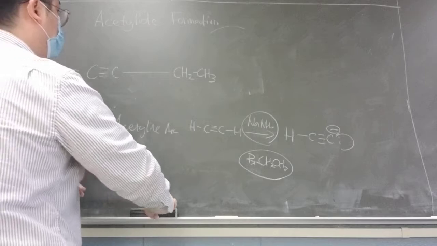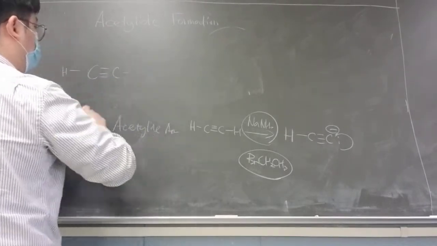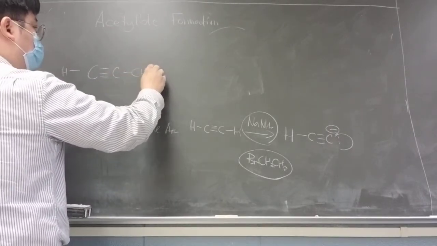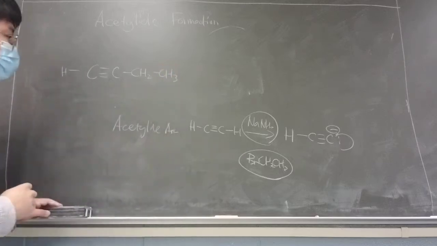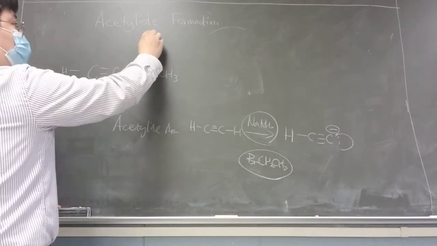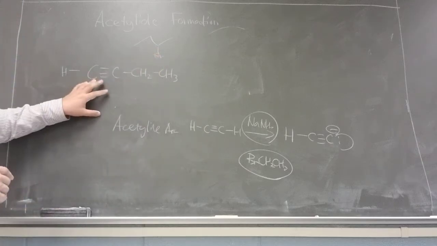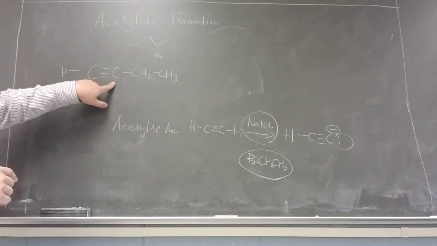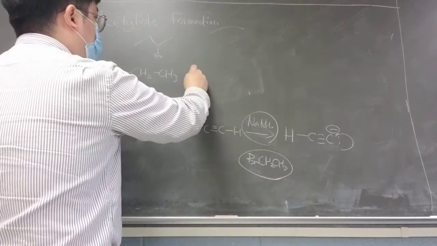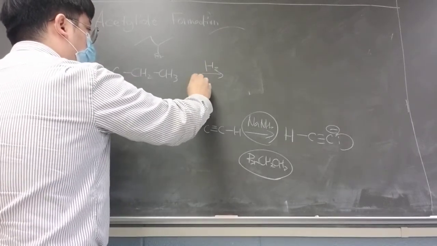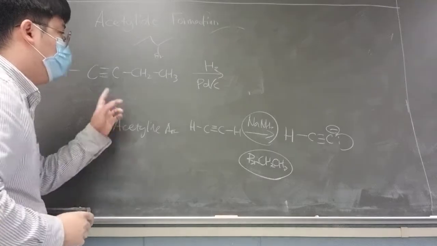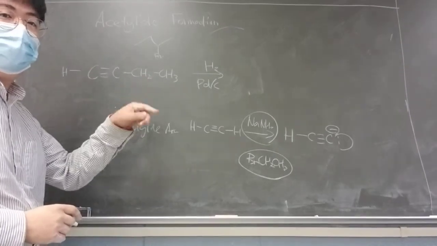Let me redraw this one real quick. Now you're here, and now you want to make this bromo alkene, but to do that, it's easier to make the alkene group from the alkyne. So I'm not going to do this one, because this will actually make an alkane, not an alkene.